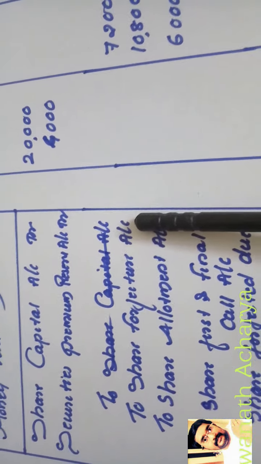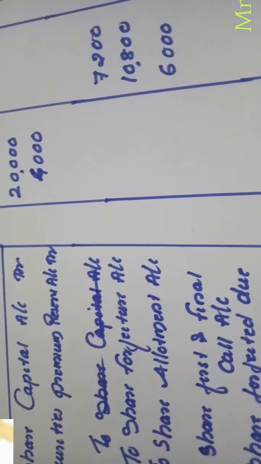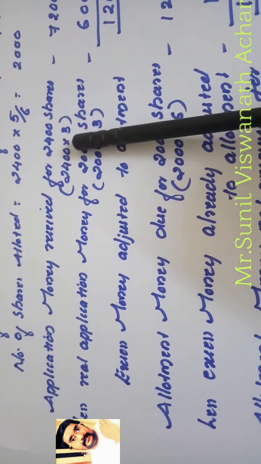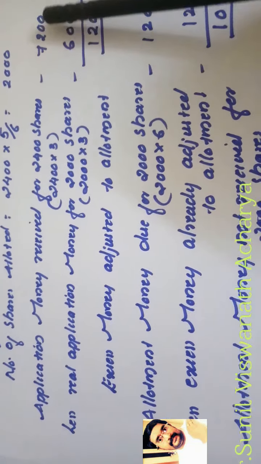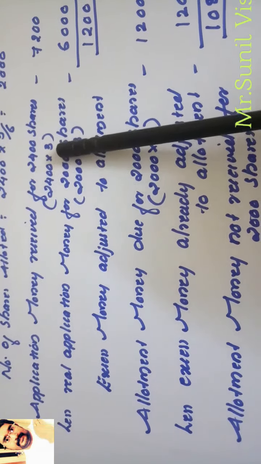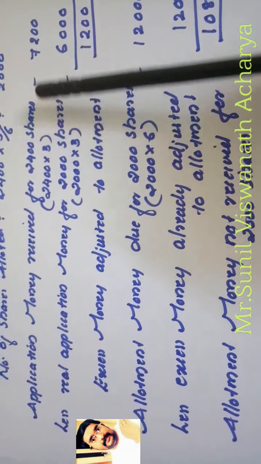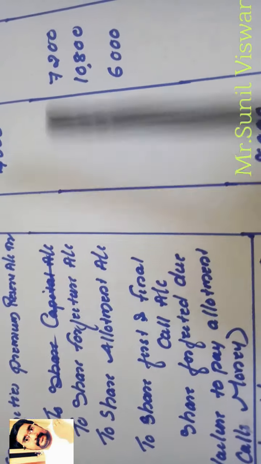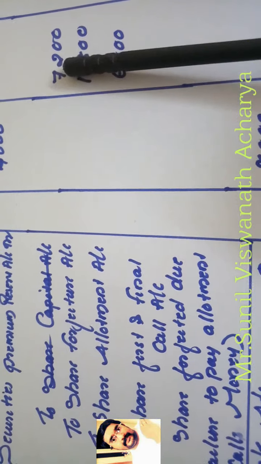To share forfeiture. We know share forfeiture means the money we received from them. We already calculated for 2000 shares the allotment money not received, and the received amount is also already calculated. He applied for 2400 shares at the rate of 3. How much rupees we received from him? 7200, because he applied for 2400 shares. So 2400 into 3 at application time, 7200 we received from him. So the money received we will transfer to share forfeiture account, that is 7200.